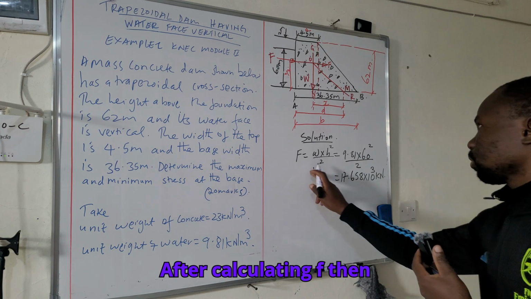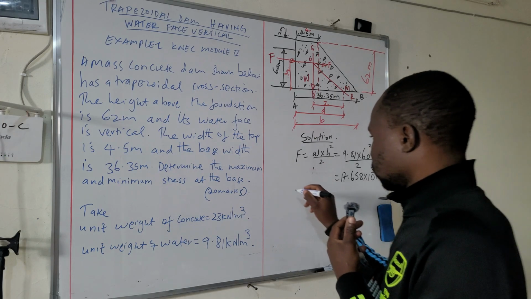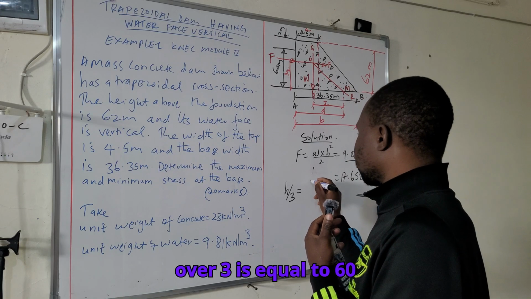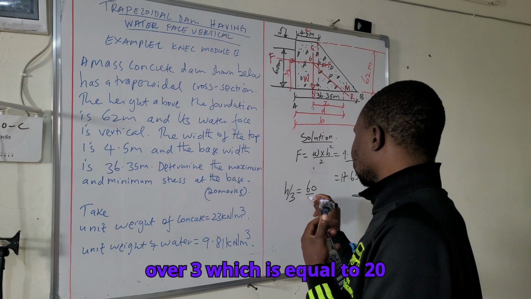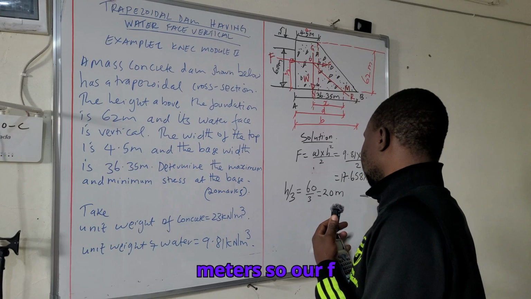After calculating F, you are supposed to get the value of H over 3. So H over 3 is equal to 60 over 3, which is equal to 20 meters.